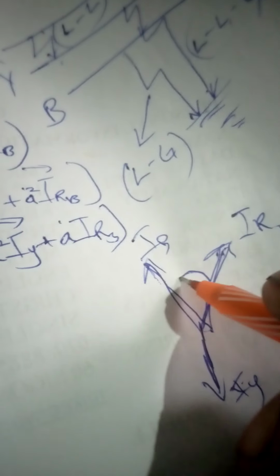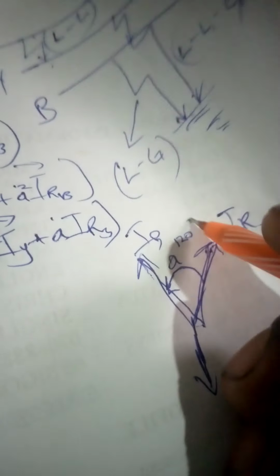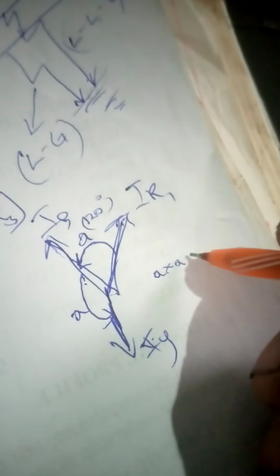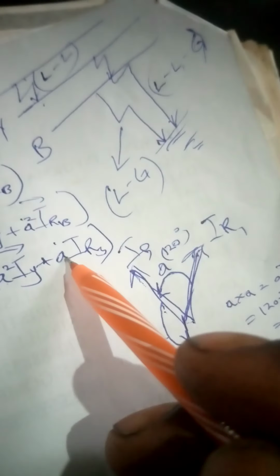The distance between this one and here is given by A and equals 120 degrees. That is A. Another one is A. So A times A equals A squared, and is the same as 120 plus 120 equals 240 degrees. A equals 120 degrees and A squared equals 240 degrees. So the A that you see here, A squared, is a distance of 240 degrees, and this is a distance of 120 degrees.